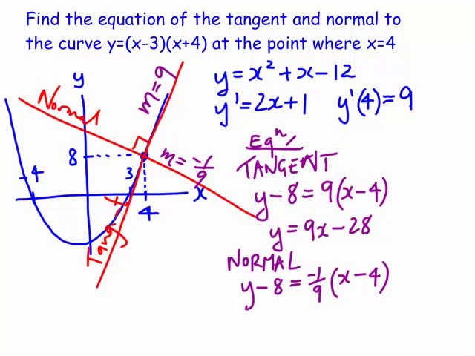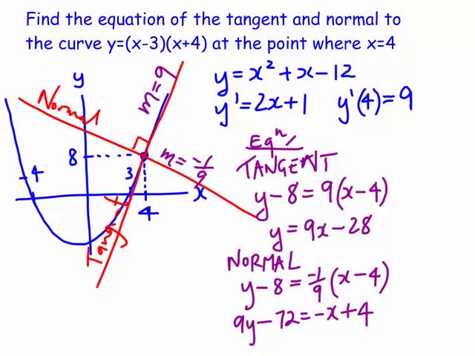Now, if we multiply everything by 9, we'll end up getting 9y minus 9 eighths are 72 equals minus x, and then a minus times a minus is a positive 4. I normally put everything over one side, and we'll write this one in general form.